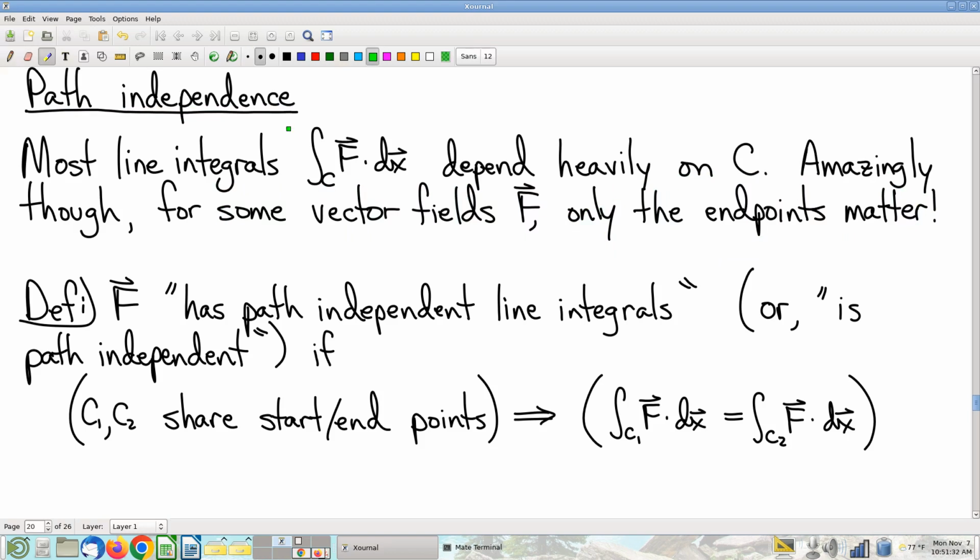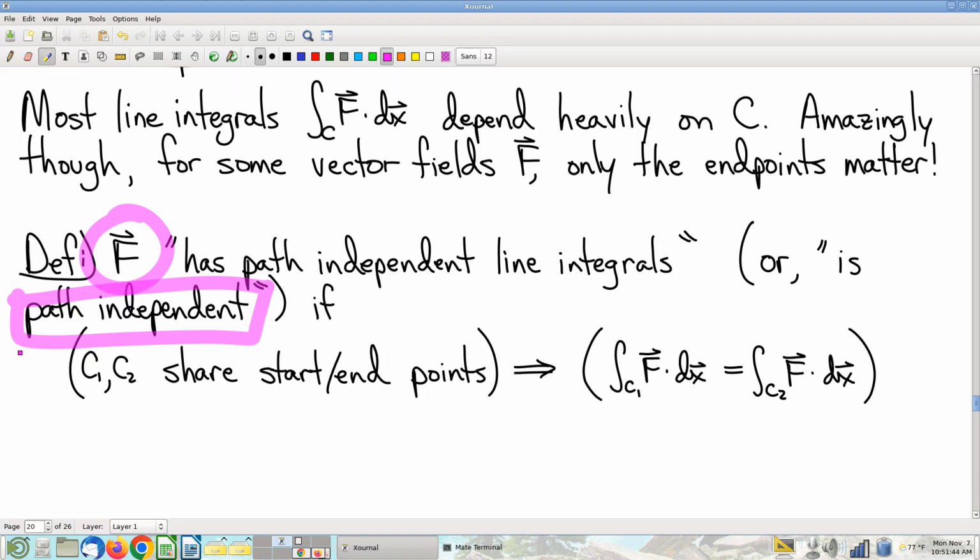And here's the definition. A vector field is path independent if whenever you have any two curves, C1 and C2, that share the same starting and ending point, so maybe they both start there, maybe they both end there.